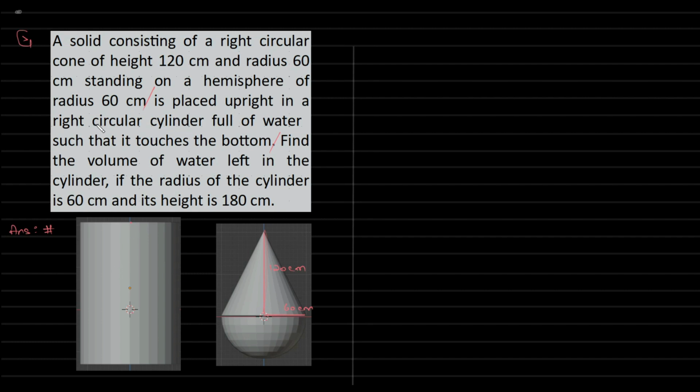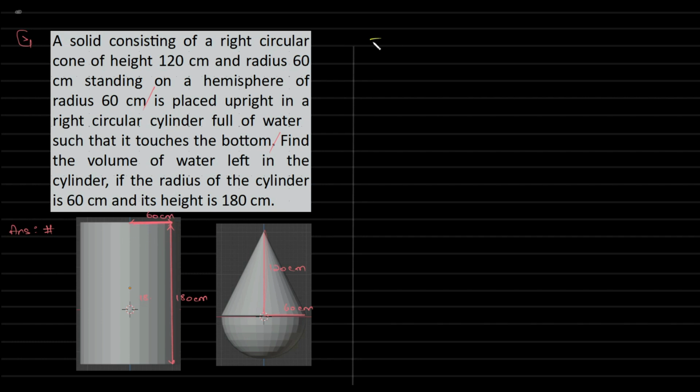It's placed upright in a right circular cylinder full of water such that it touches the bottom. Find the volume of the water left in the cylinder if the radius of the cylinder is given. So we have the radius and height of the cylinder given. This is 180 centimeter and this is 60 centimeter.